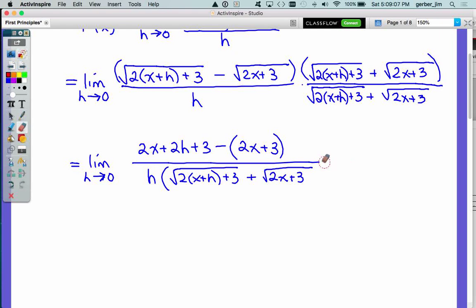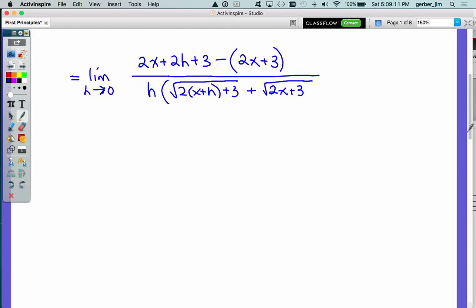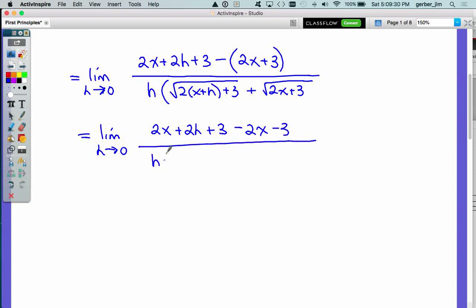And we can do some cleaning up here a little bit. We can see that some of the stuff in the numerator is going to get better. So now I'm going to have the limit as h approaches 0 of 2x plus 2h plus 3 minus 2x minus 3 over the same denominator.